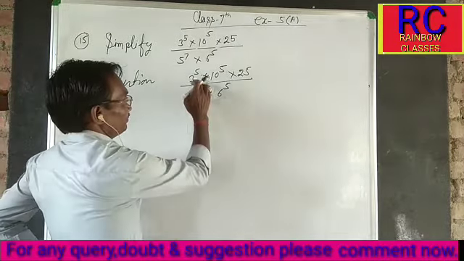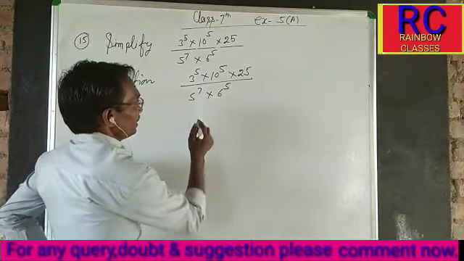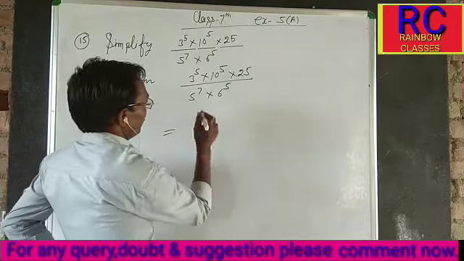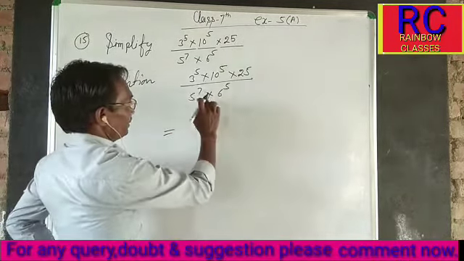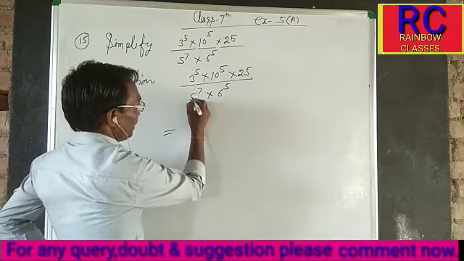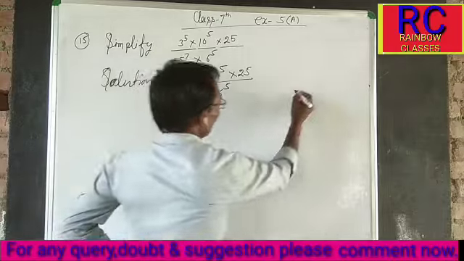The powers are equal, and we have 3 to the power 5 and 5 to the power 7. We write 5 to the power 7.